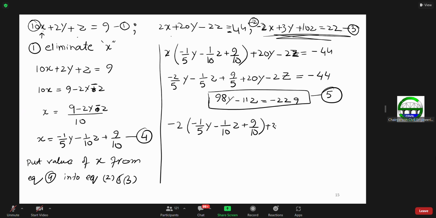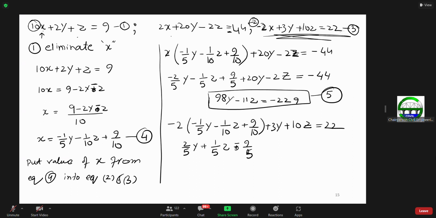Plus 3y plus 10z is equal to 22, right? So put the value, minus 2 by 5 y, and it will be equal to 1 by 5 z plus 9 by 5.